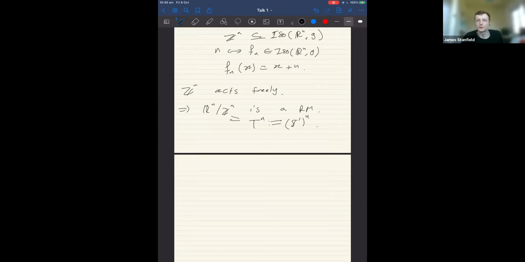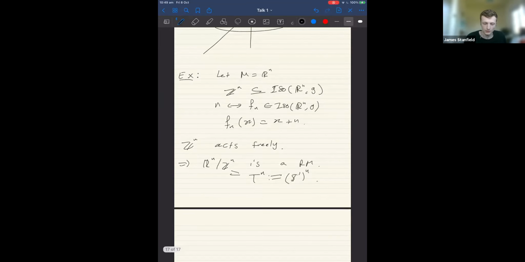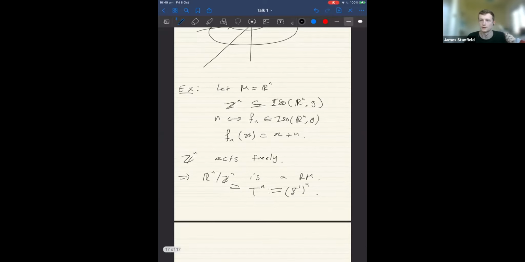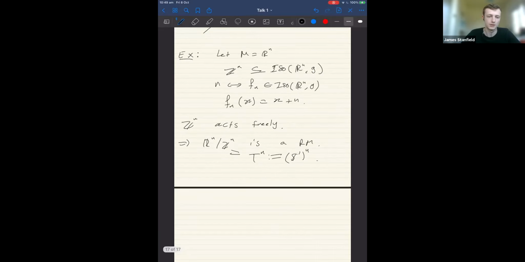Okay, so it'll turn out, when I define it properly next week, that all flat manifolds, meaning manifolds with vanishing Riemann curvature, are actually quotients of this Rn. So this is why I wanted to point out this construction.